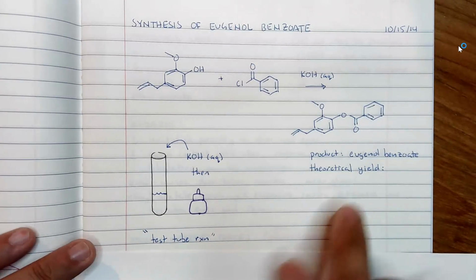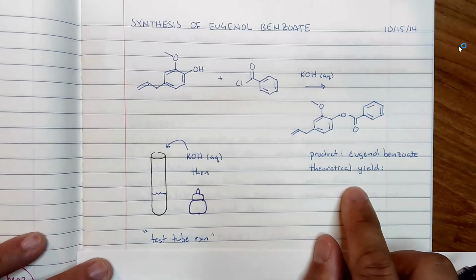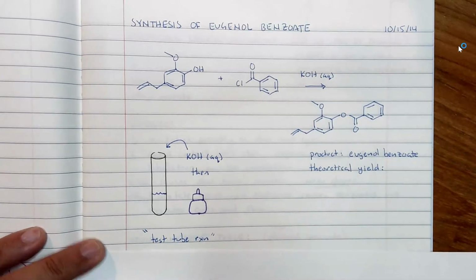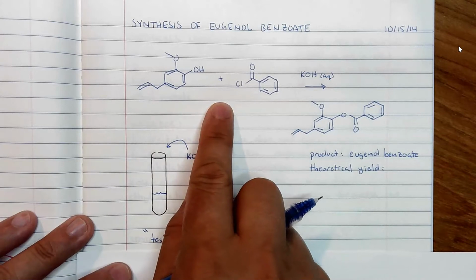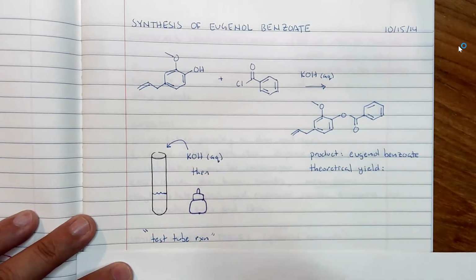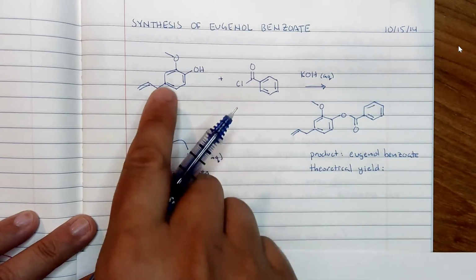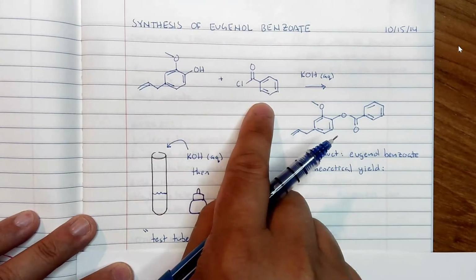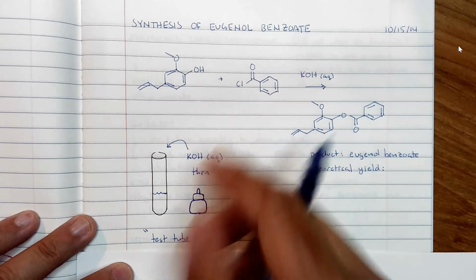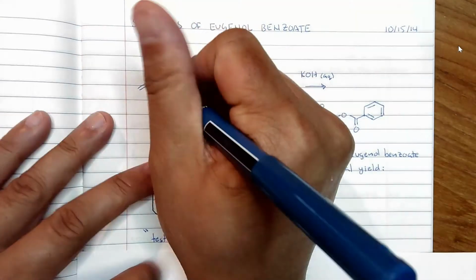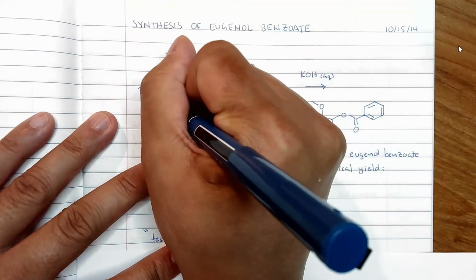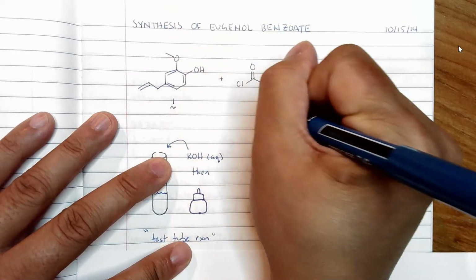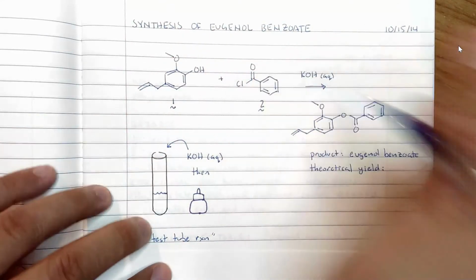Do we expect 40 grams, or do we expect 10 milligrams? The other thing is, these are the two starting materials, two compounds. I don't want to write, this is eugenol, and this is benzoyl chloride. I don't want to keep writing that name over and over again. So in literature, they give it a number usually, and they can refer to that compound by the number.